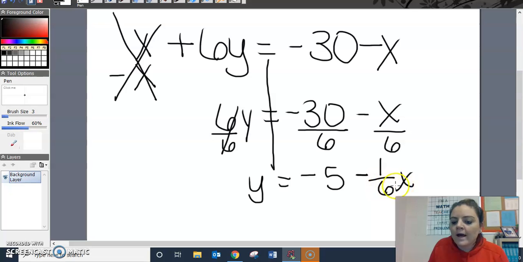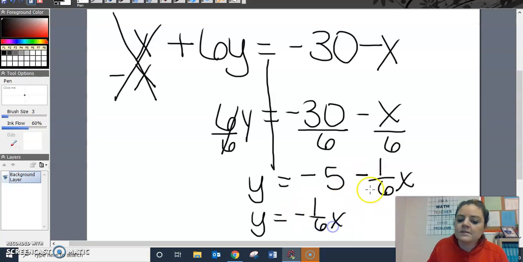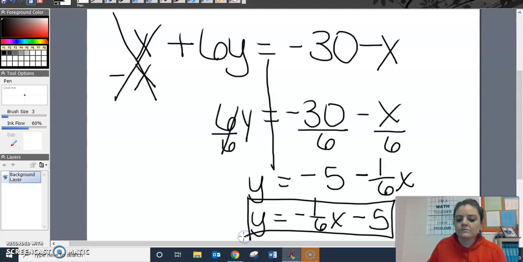Again, we want our x in front, so we would rewrite this as y equals negative 1/6 x minus 5. Now we have it in the form of y equals mx plus b.